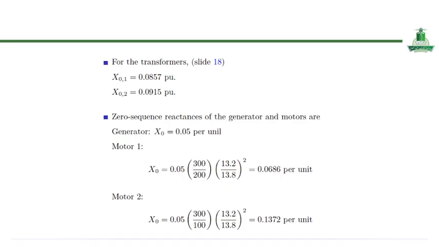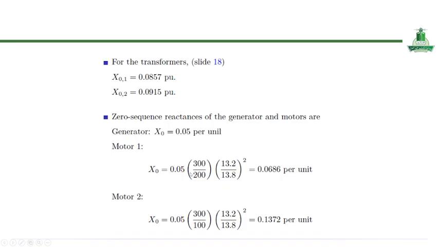So first, the zero sequence reactances of the transformers are given directly as X01 equal to 0.0857 per unit, and X02 equal to 0.0915 per unit.